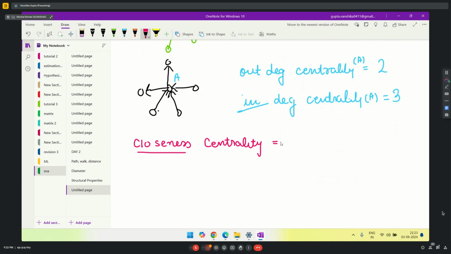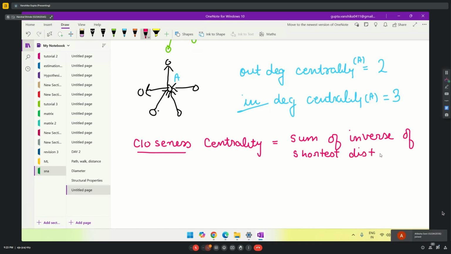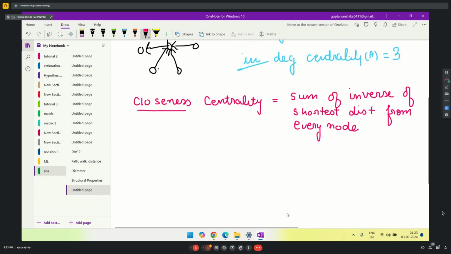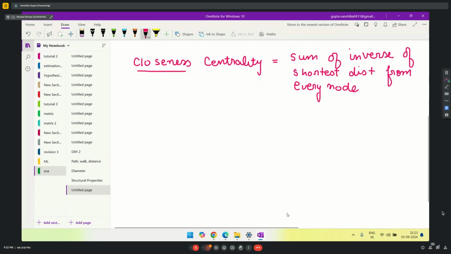Let me repeat it: sum of inverse of shortest distance from every node. This is what closeness centrality means.